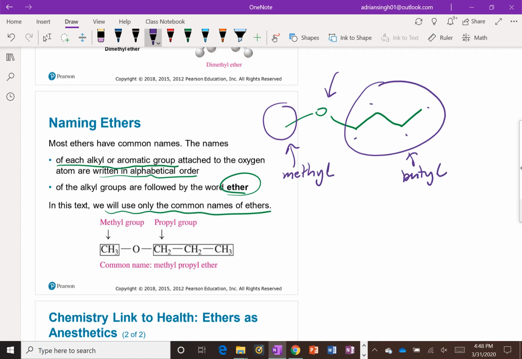Right, so all we're doing is we're going to insert these names in front of the ending for the compound, which is ether, and we put them in alphabetically. Right, so B comes before M, so this just ends up being butyl methyl ether, all one word.